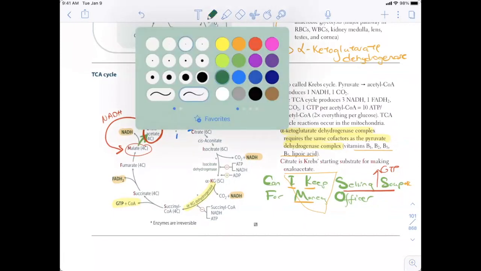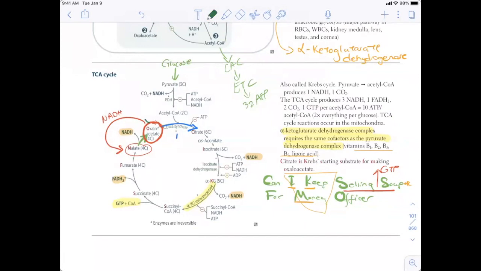Oxaloacetate has an option of actually reverting through a series of steps, obviously, but it has the ability to revert back to glucose. That's two, okay? Or ultimately it can change to malate. It can reverse itself and change to malate. Okay, those are the three options oxaloacetate has sitting right there.